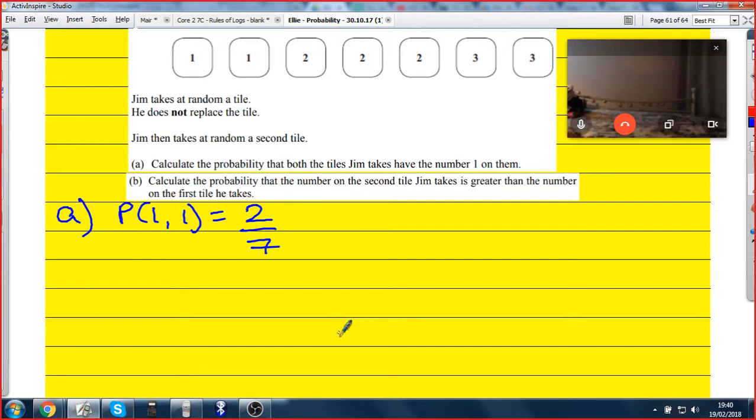So after you take 1, 1, what's the probability of getting the second one? 1 out of 6. Yeah.